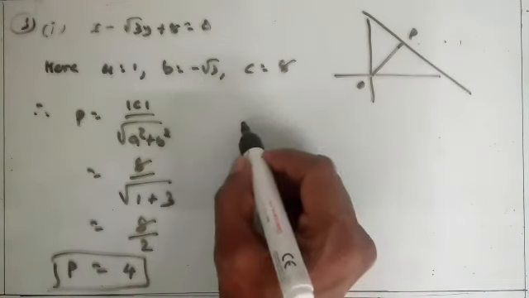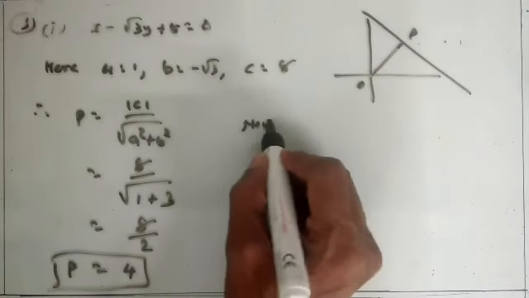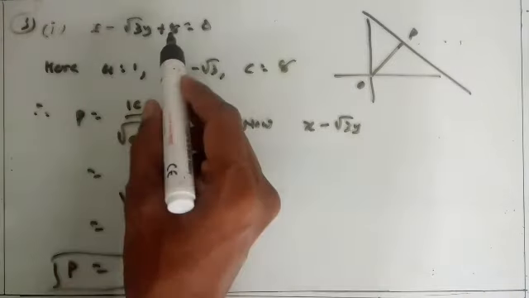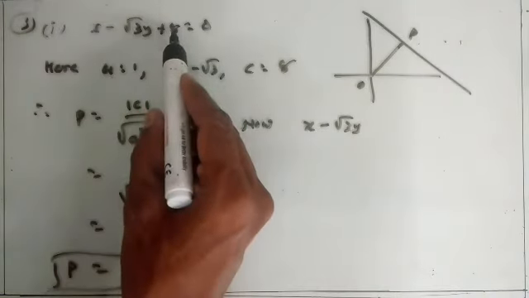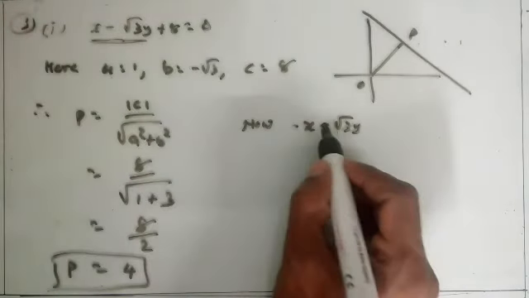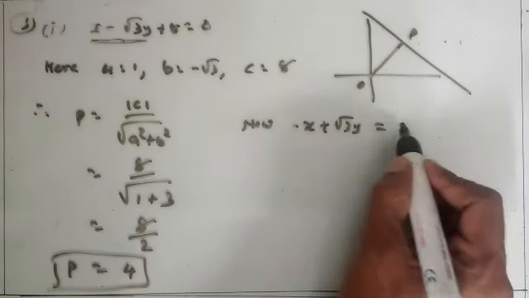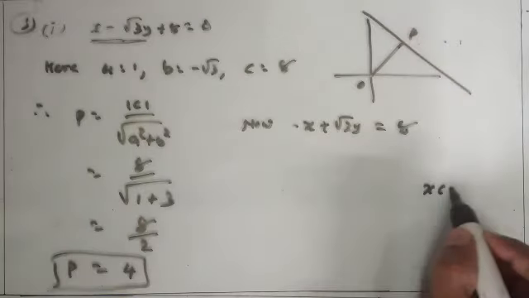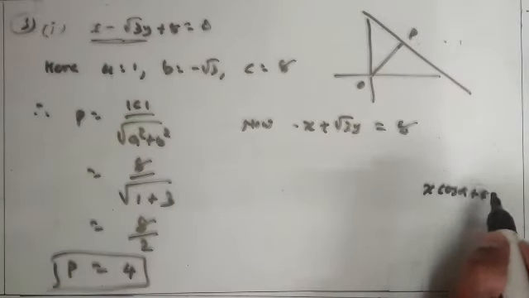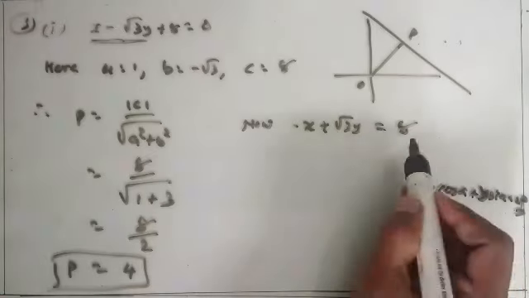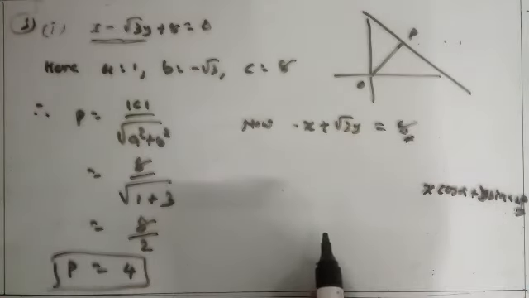Now here x minus root 3y, here 8, these two terms take this side, so we get minus x plus root 3y is equal to 8, because we want to get into the form of x cos alpha plus y sin alpha is equal to p. Here p always remains positive.